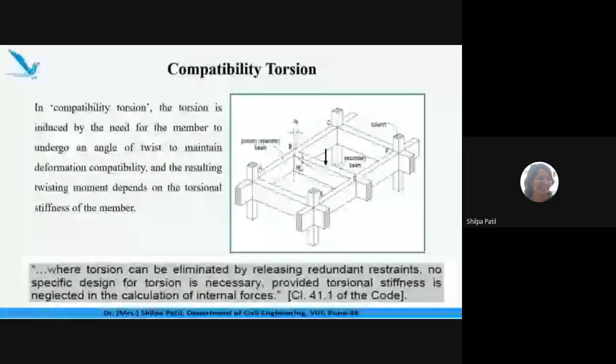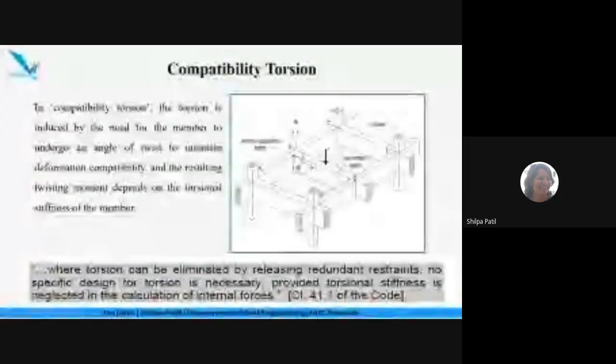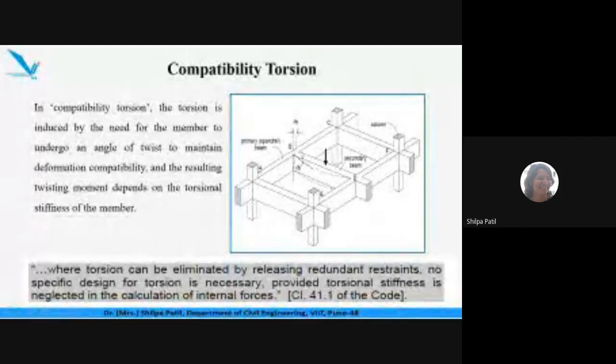Such a type of torsion is called compatibility torsion, which is developed due to the deformation of one particular member. The torsion is developed in the second member because of the deformation of the first member, because of the interconnectivity between these two members. Compatibility torsion and equilibrium torsion, both these torsions we do not consider in the design.